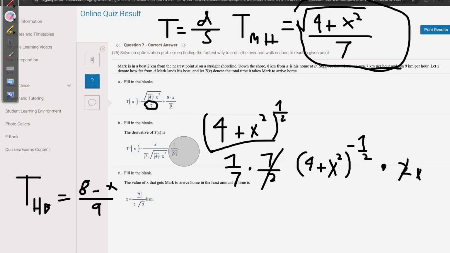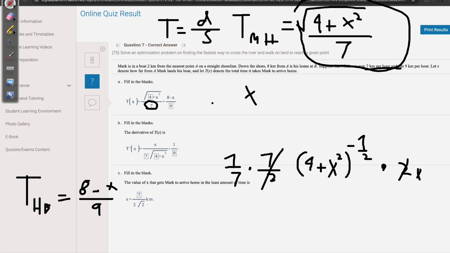Okay, so let's remove this. So now we're gonna get x over 7 times radical 4 plus x squared, which is what we have here.